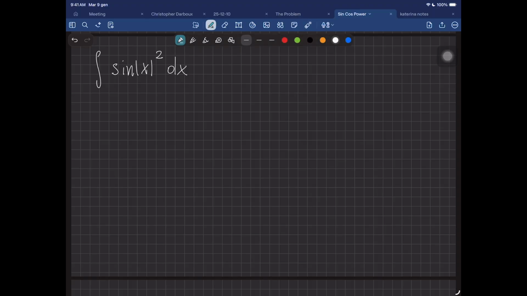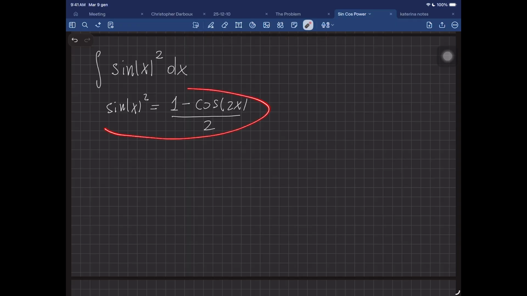So let's start with the identity. We do remember that the sine of x squared is equal to 1 minus the cosine of 2x all divided by 2. Now, a moment for all of you that have a memory of a fish, like myself, because I don't remember these formulas, okay?